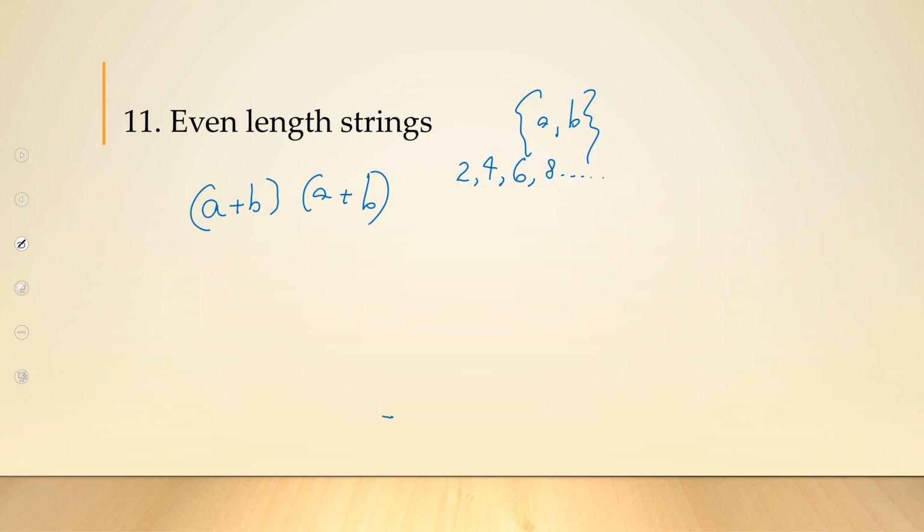This is for my 2 length string. Next it should be 4, 6, 8, etc. So I can go for this: combinations of 2, to let you go 4, 6, 8, etc.